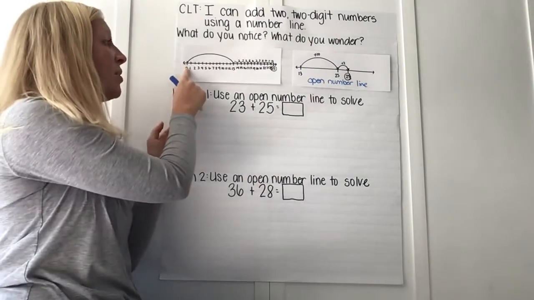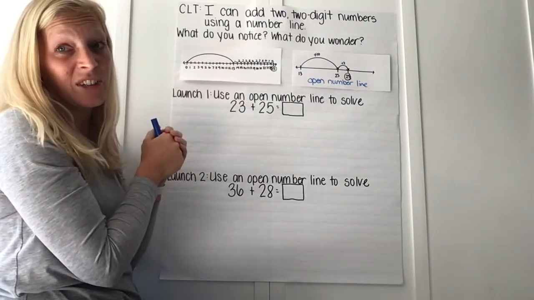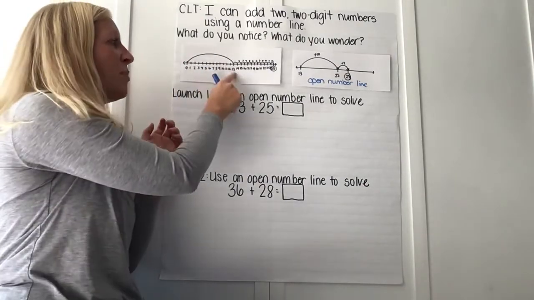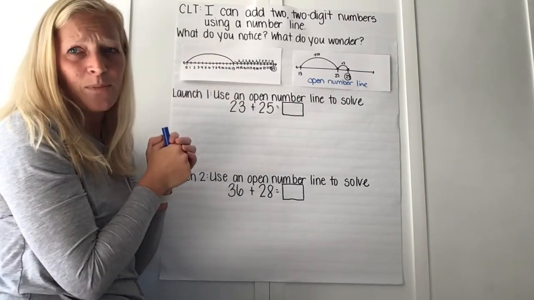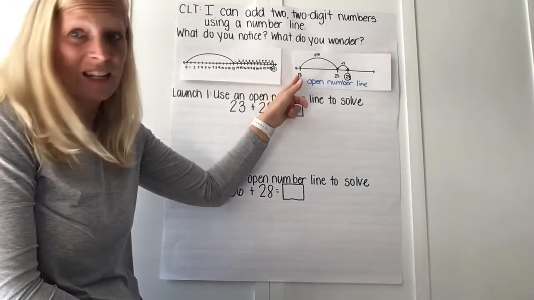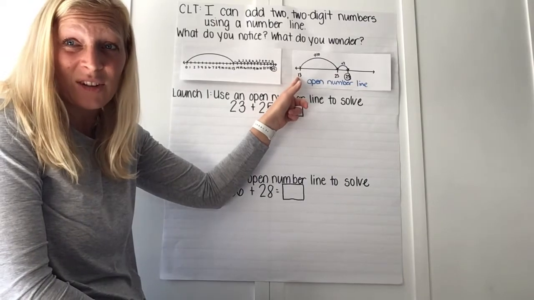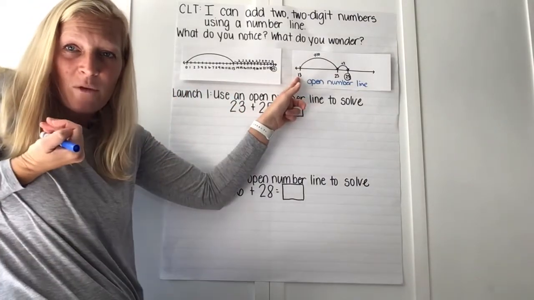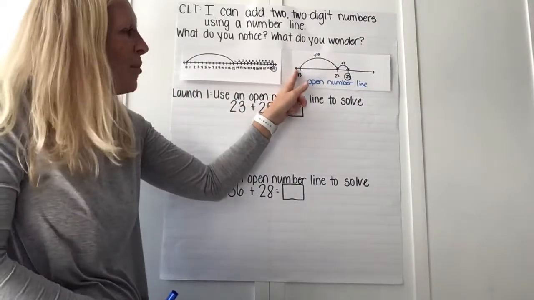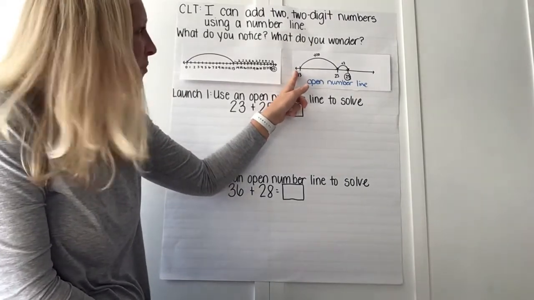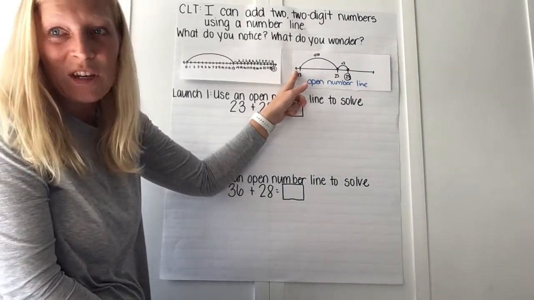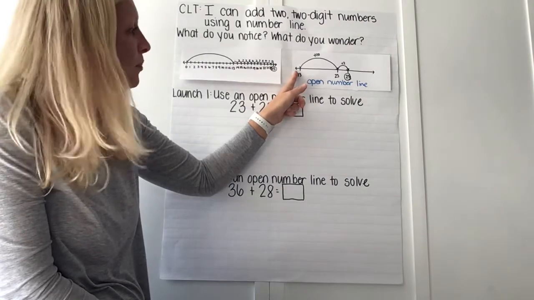We're at 0 and we started at 13 to solve the problem. We made a big jump to get to 13 first. But we can also just start at 13 and know that that includes 13 and all the numbers before that with that open number line, because it has that little arrow there that tells us that there's lots of numbers before that, and we know that we're including those in our work.